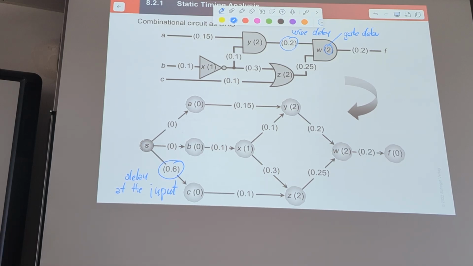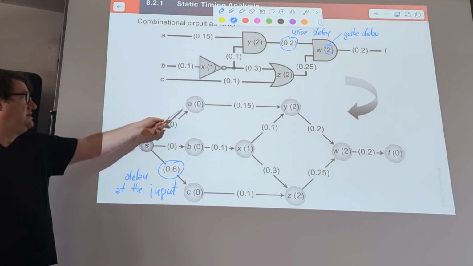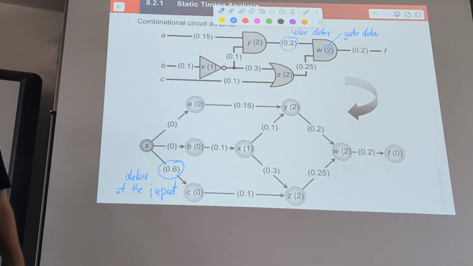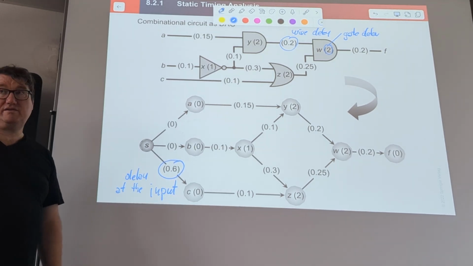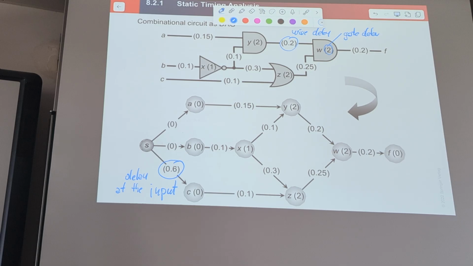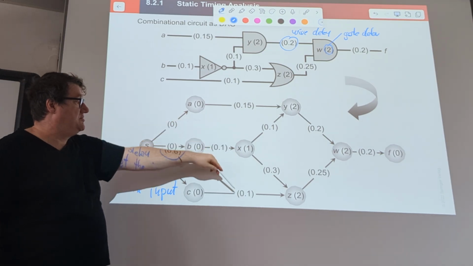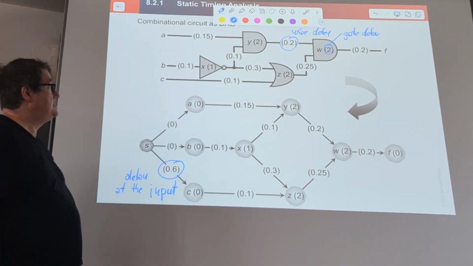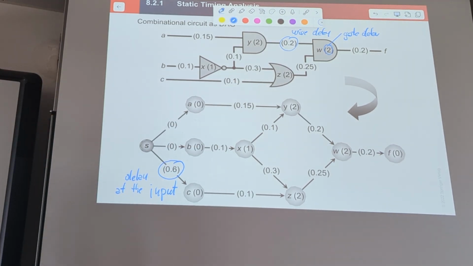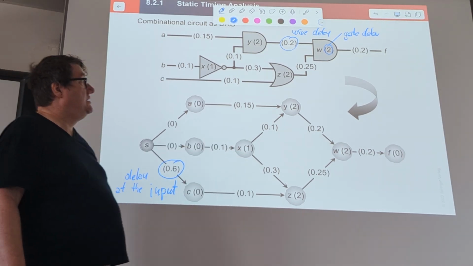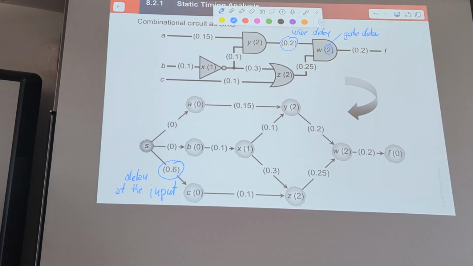The common start point translates into the clock edge normally. So input A and input B will immediately start, but C will start only 600 picoseconds later. Then comes the wire delay, represented by these edges, and then you have the nodes where you have the gate delay added.